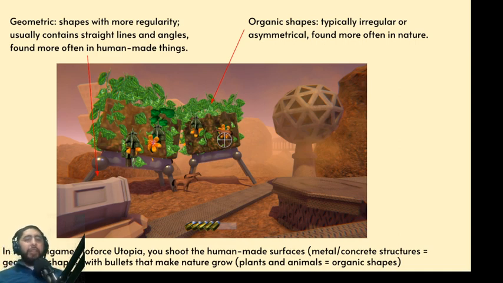And here's an example in a game called Bioforce Utopia within a larger game called Utopias, where basically what you have to do is you have a gun that shoots these robots, these slick metal man-made geometric shapes, with basically seeds. So you turn these machines into plant hosting devices. So you're basically contrasting, trying to put everything back to nature.